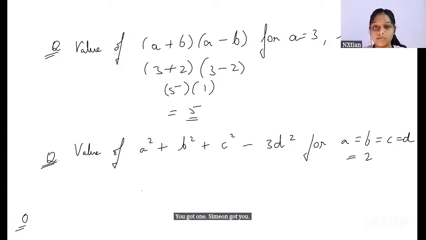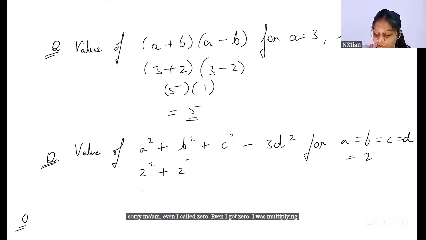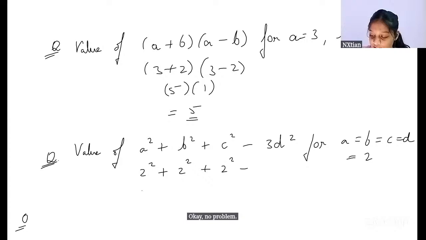I got 0. I was multiplying it wrong. Okay, no problem. Let's see. A square, that is 2 square. Minus 3, 2 square.